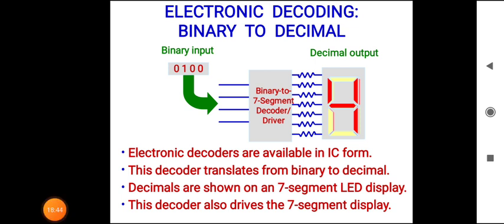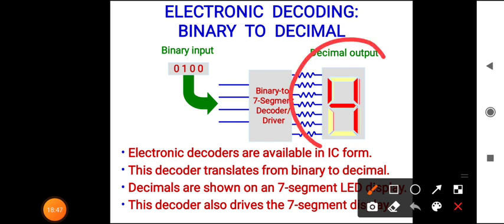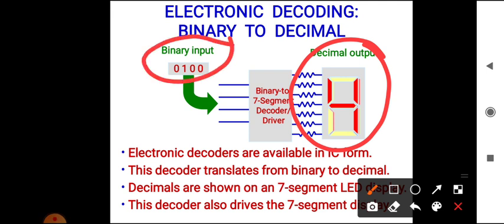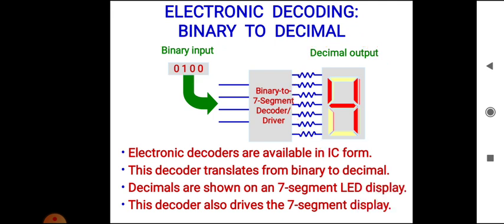So here we have a display, an LED display. We give a binary input, the output will be in decimal format, and that will be displayed on the LED. That is also called a 7 segment LED.